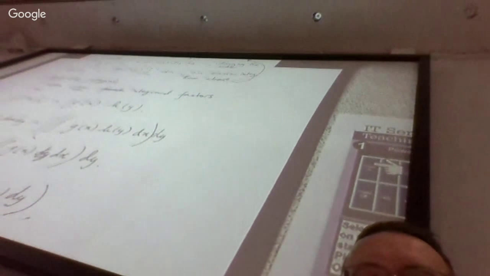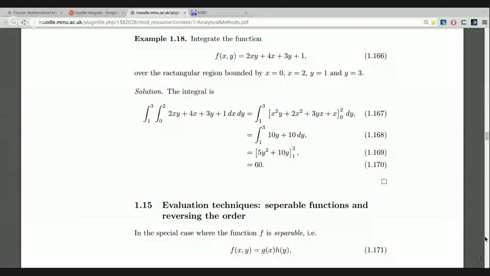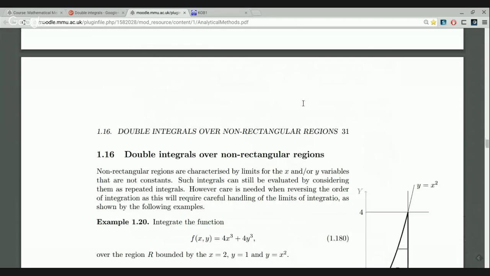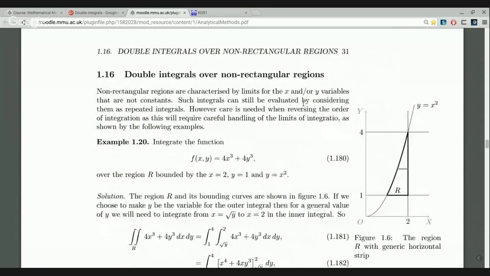All that is really a special case of when you have rectangular regions. We'll want to look at the more general case now of when you've got non-rectangular regions. Okay, this is section 1.16.